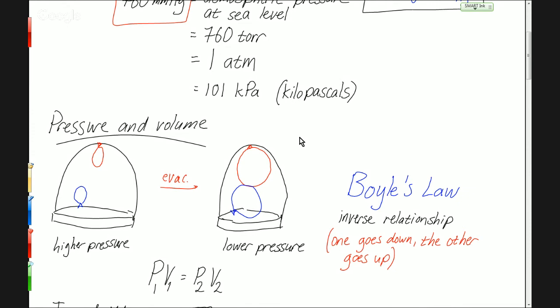Do we want to try to explain that one? Pressure and volume. What do you think?